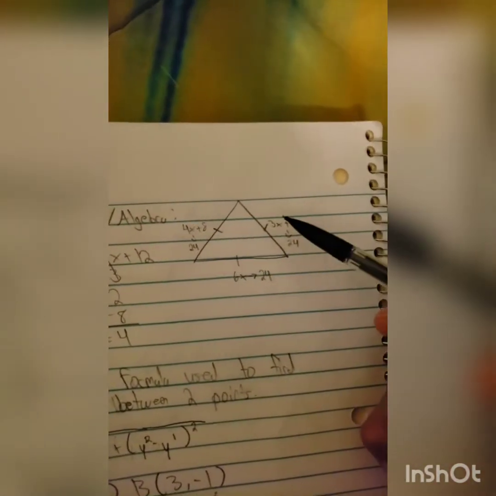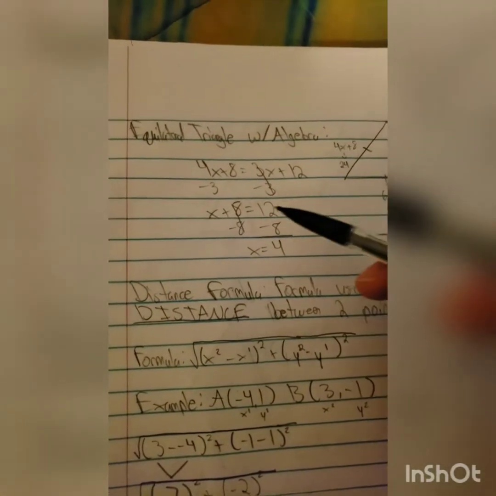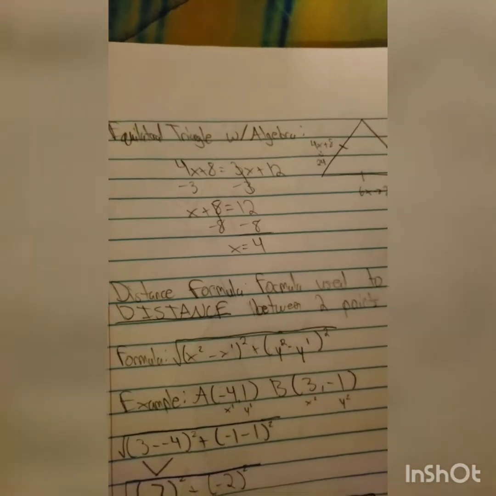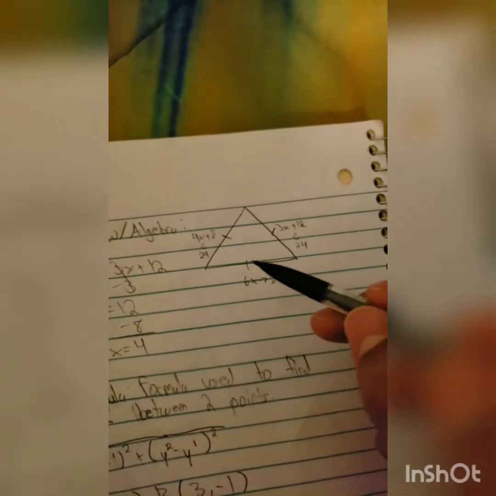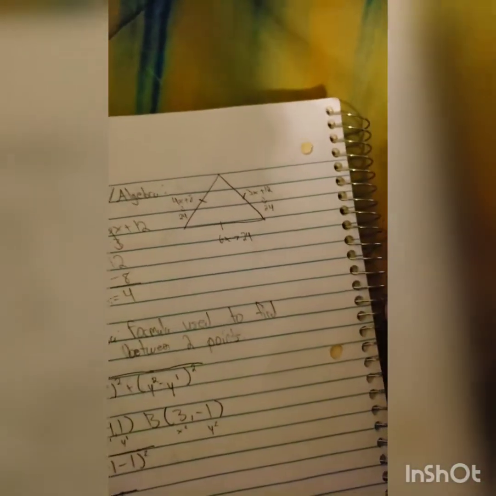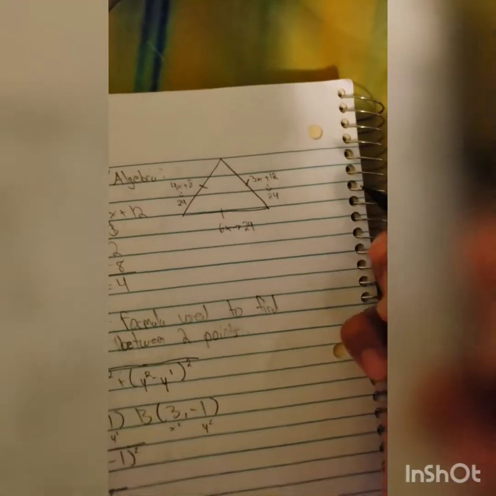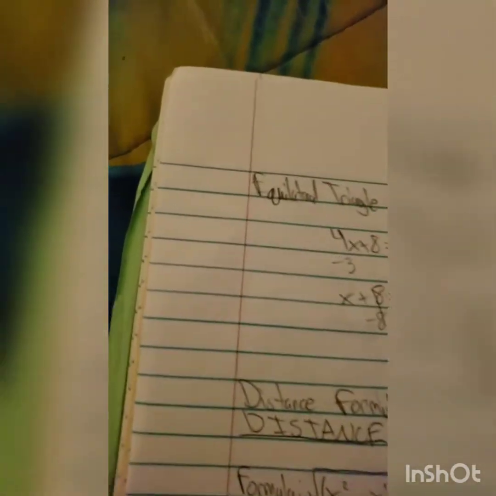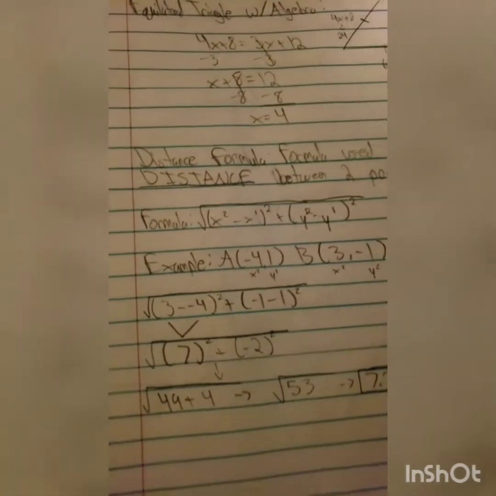I chose this one and this one because it's easier to me. 4x plus 8 equals 3x plus 12. You solve for x, which would give you 4. If you input 4 into the x's here, they all equal 24, which is correct, because they should all be the same, since it's an equilateral triangle. Literally has equal in the name.